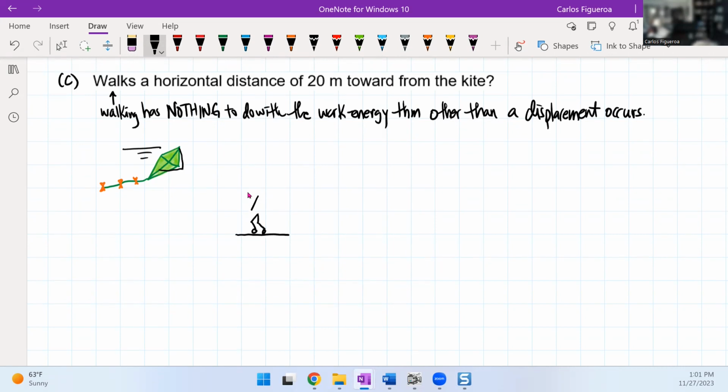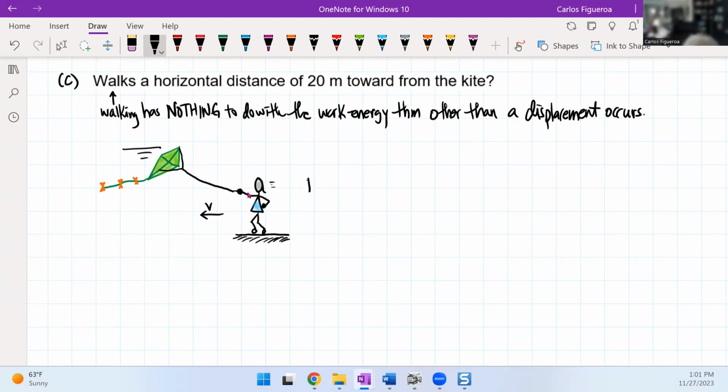And then she's moving now in this direction right here. What we're imagining is that she is grabbing on to the kite and is moving towards it. Maybe you'll do something like that.